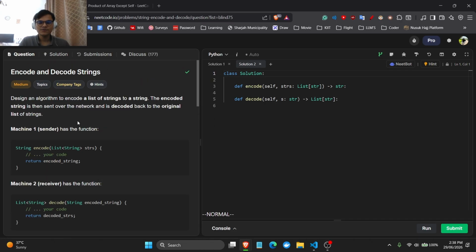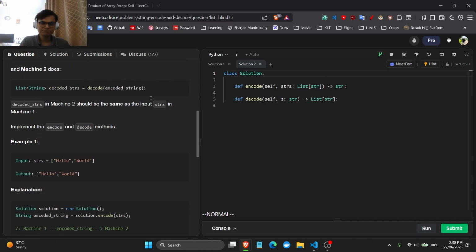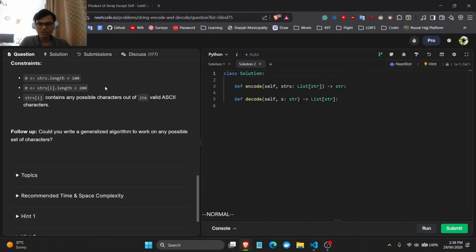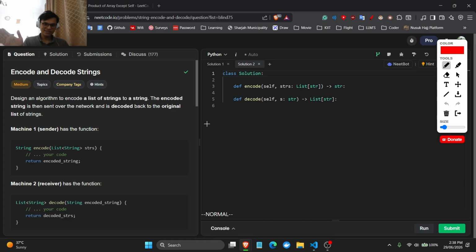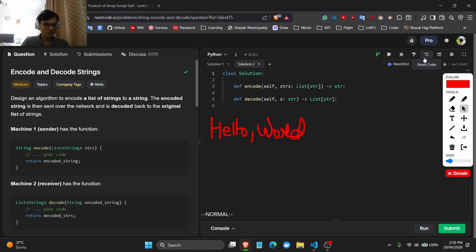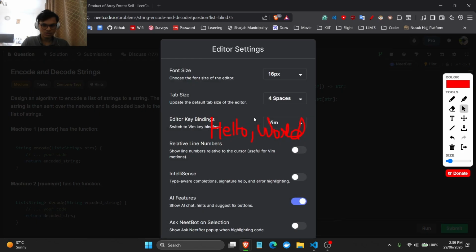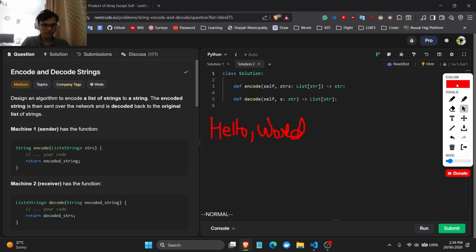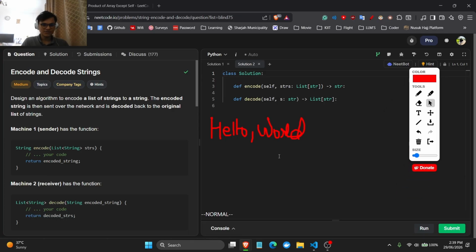Okay, so the way I think this was solved is, obviously, the string's length could be 0 to 100. We read the string, for example, let's say hello and world. What we do is count the length: 1 2 3 4 5.